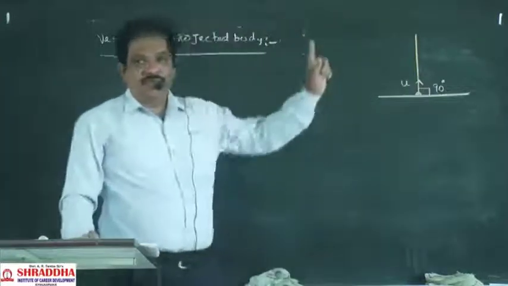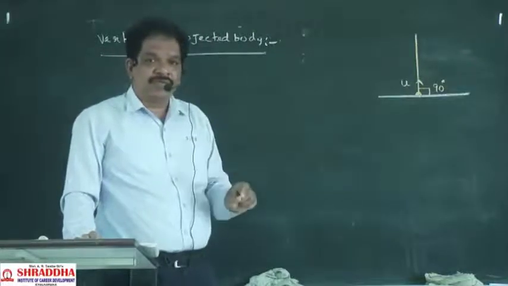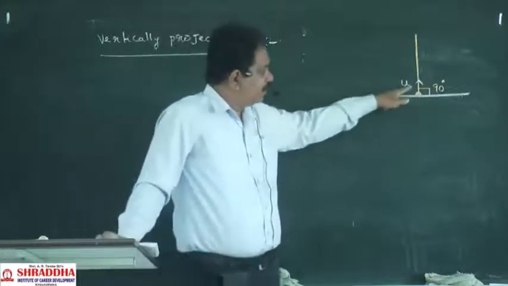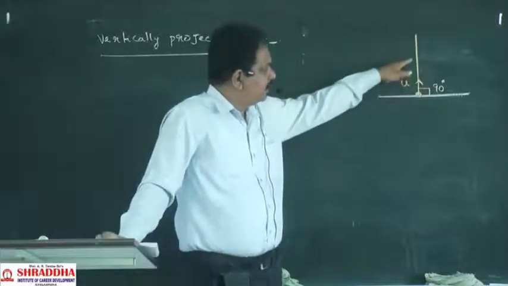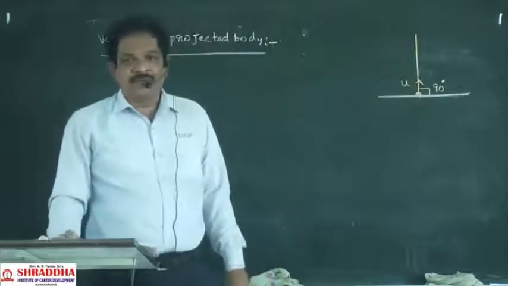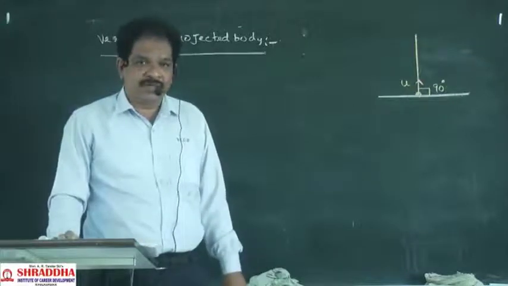When it is going up, its velocity gradually decreases and finally somewhere it becomes 0. Then again from there it will fall down. Clear understanding?